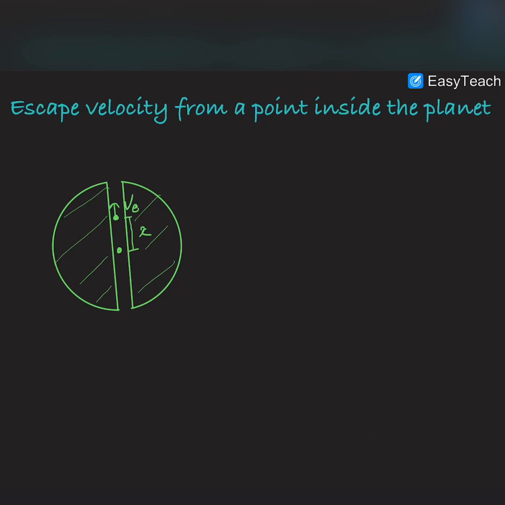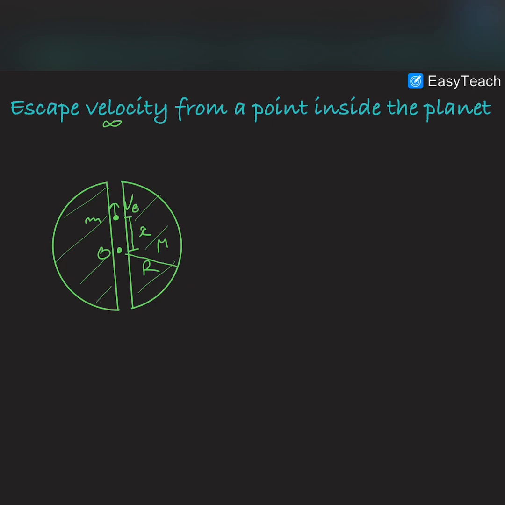Now there is a situation in which there is a planet and a tunnel formed along the diameter of the planet. A small mass m is initially at a distance of x from the center of the planet, the radius of the planet is r, and the mass of the planet is M. Now we need to project this mass in such a way that it escapes the gravitational pull of the planet.